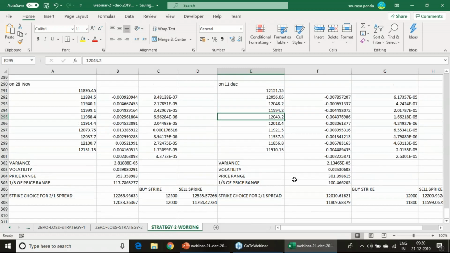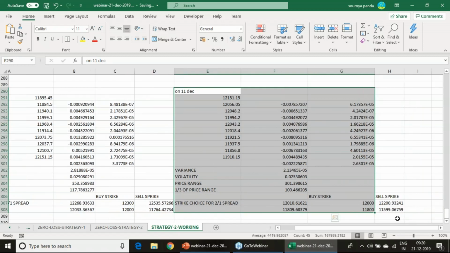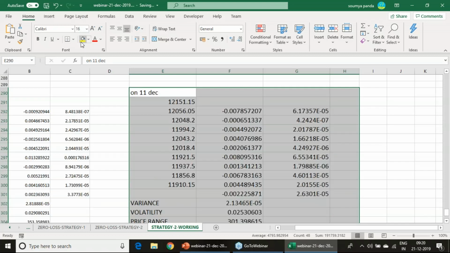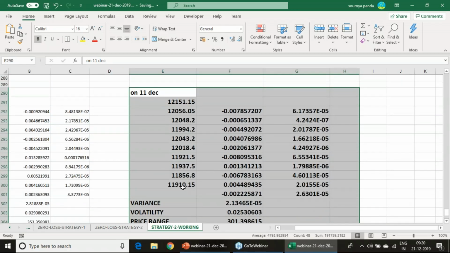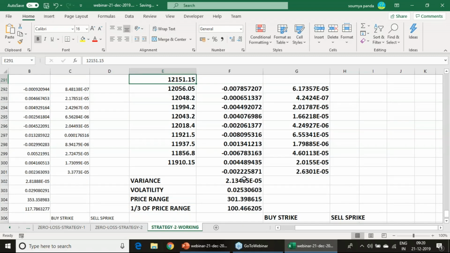What I did here is expand this by changing its font size to 16, so you get slightly bigger fonts. On the 11th of December, I am taking the past trailing 10 days of Nifty spot data and calculating its volatility.